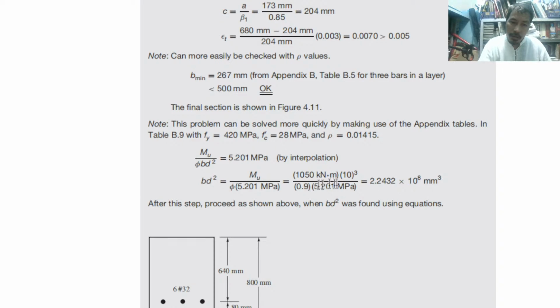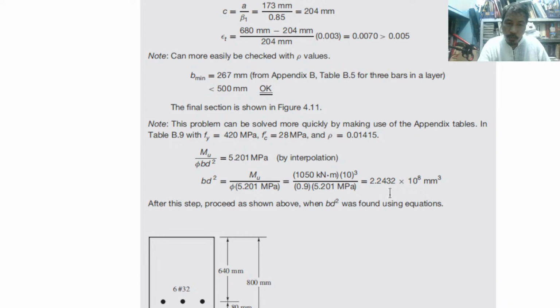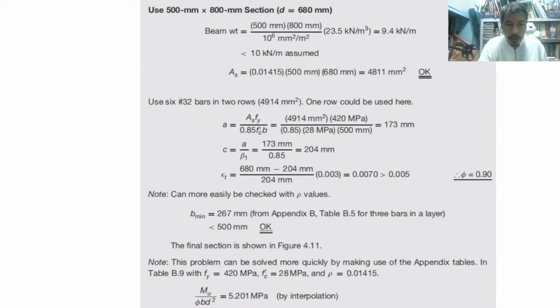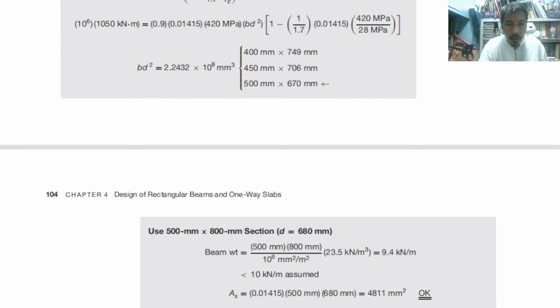So using the Rn, our answer is 2.2432, which is also very near. Okay, I think that is very near to our answer here, 2.2432. Okay, that is very near.